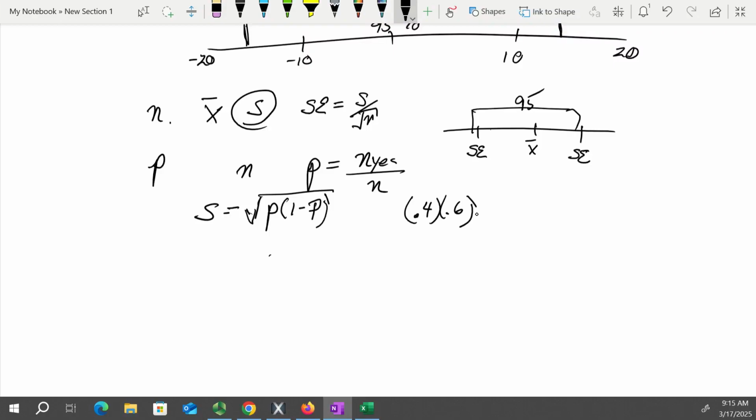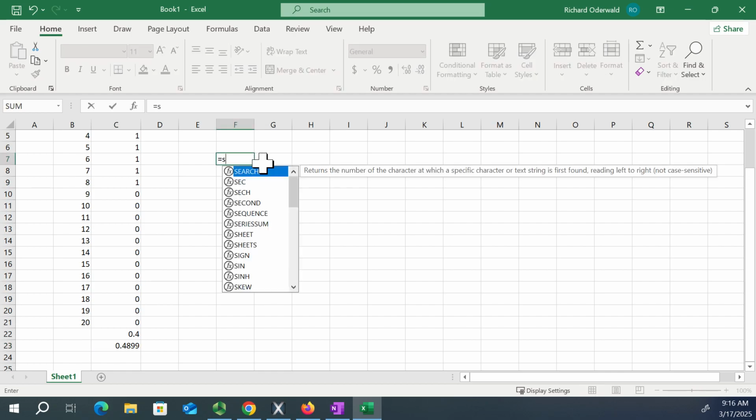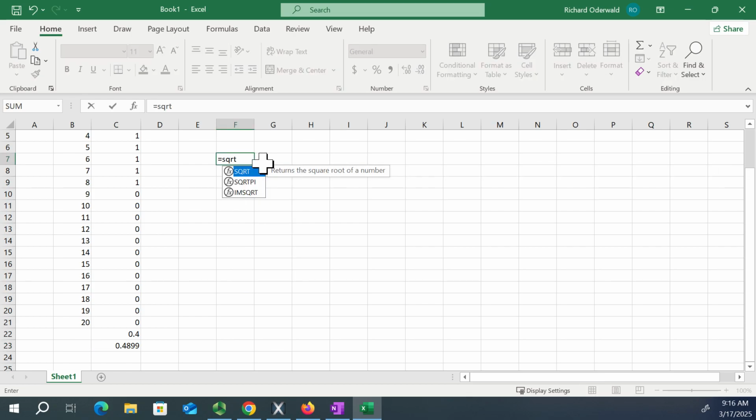So if you do the square root of 0.24, equals SQRT of 0.4 times 0.6.